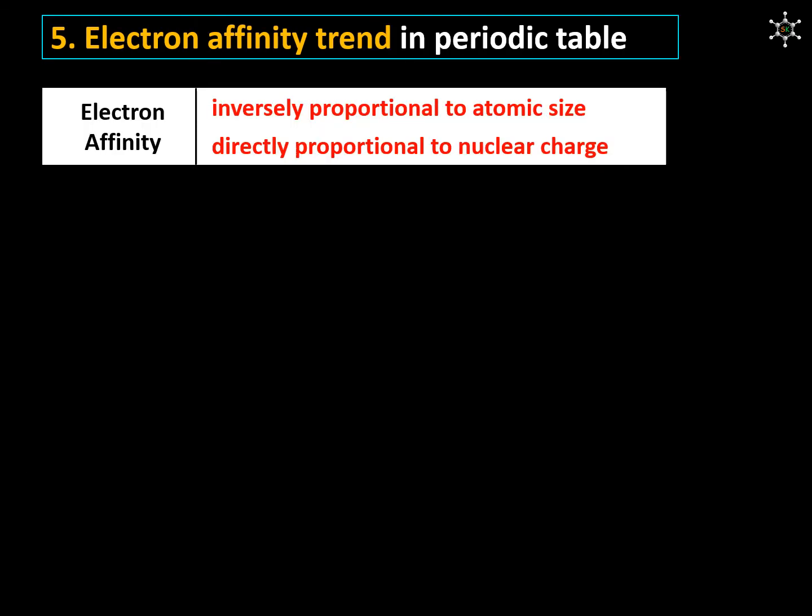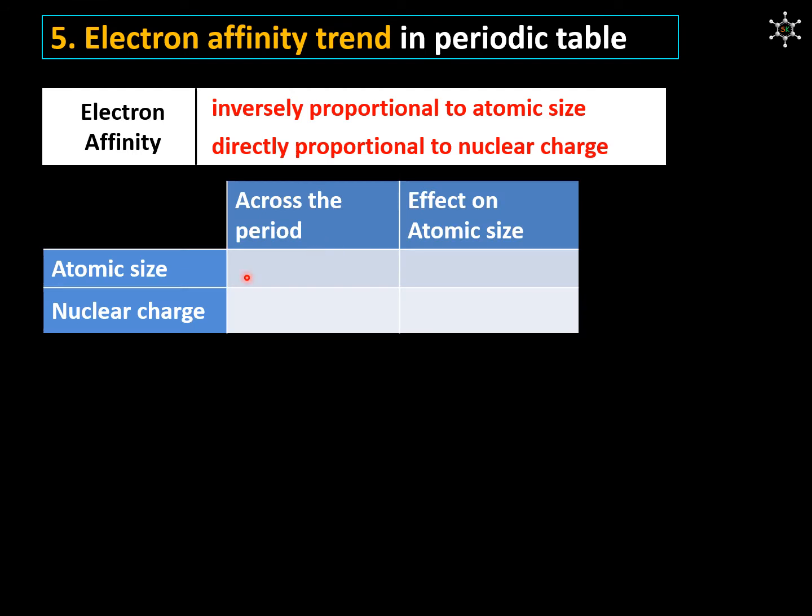Let us analyze the electron affinity trend in the periodic table using these two pieces of information. Across the period, atomic size decreases. Since atomic size is inversely proportional to electron affinity, we expect the electron affinity value to increase across the period because of atomic size. Nuclear charge across the period increases.